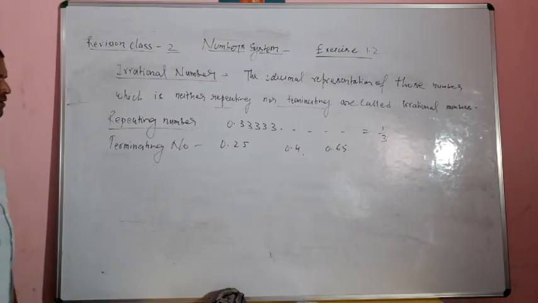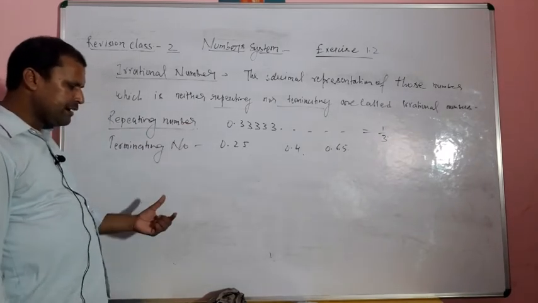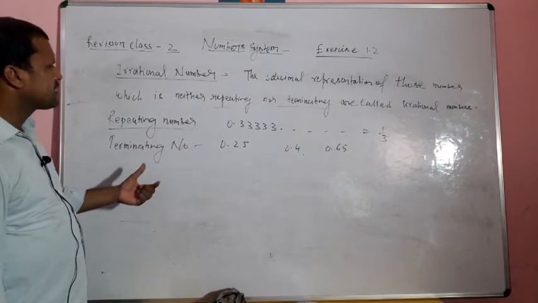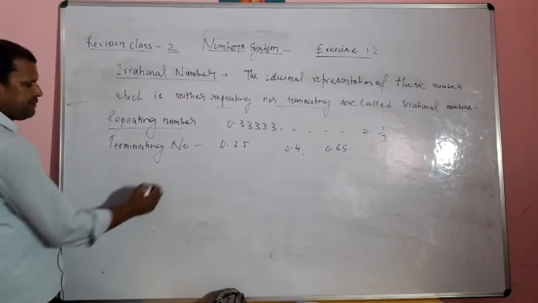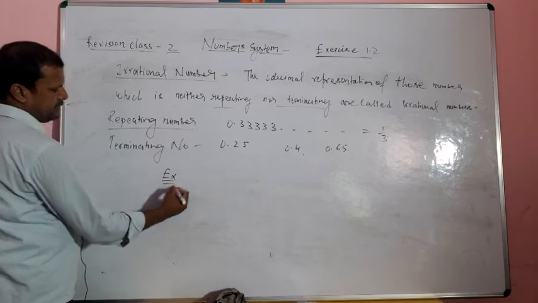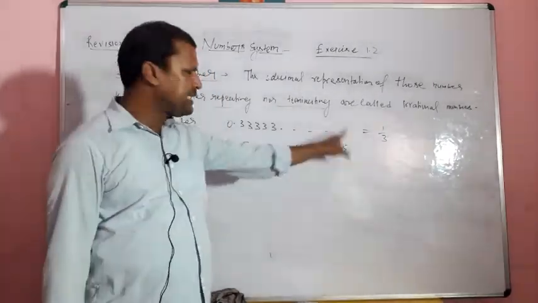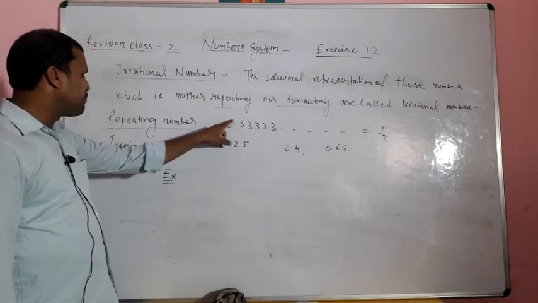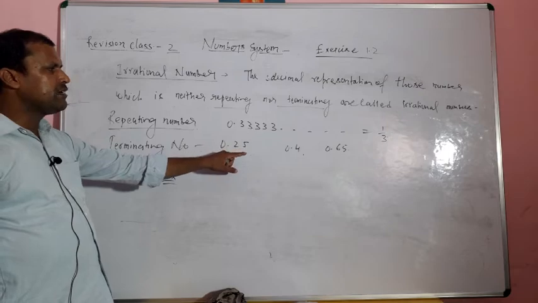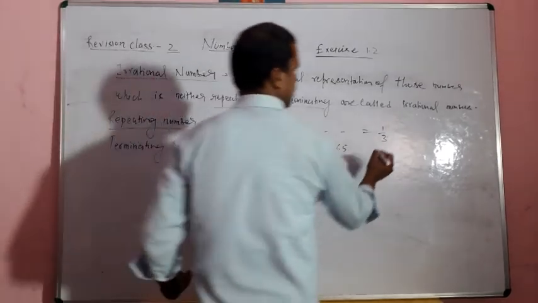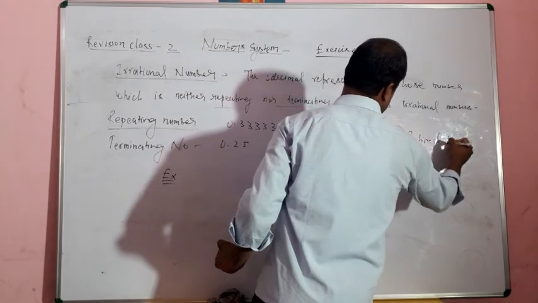So the decimal representation of those numbers which is neither repeating nor terminating is called an irrational number. This is a rational number and this is also a rational number, because this is repeating and this is terminating. So repeating numbers and terminating numbers are rational numbers.